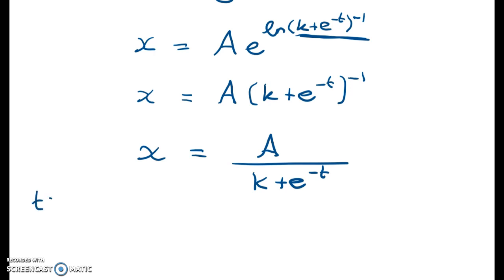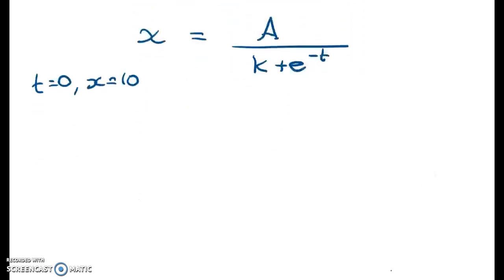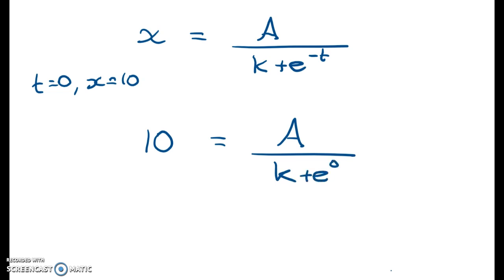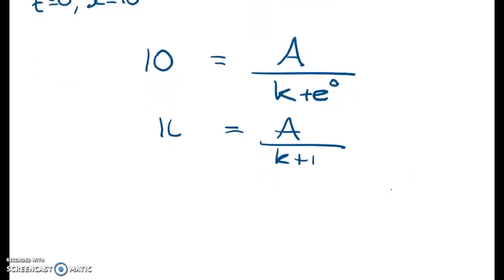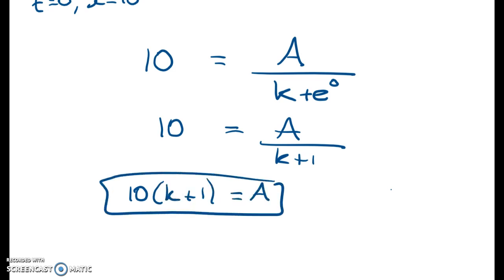So our initial condition is t is 0, x is 10. That gives me 10 is equal to a over k plus e to the 0. 10 is equal to a over k plus 1. Giving me a equals 10 times k plus 1. So that's good, that's one of them done.